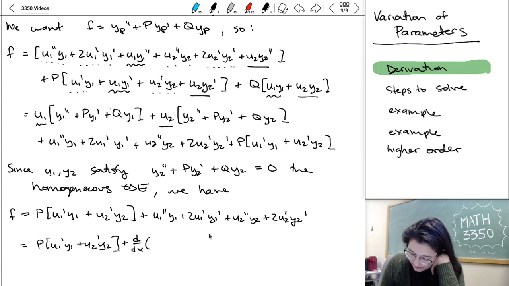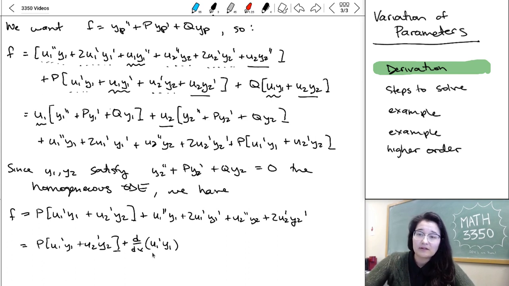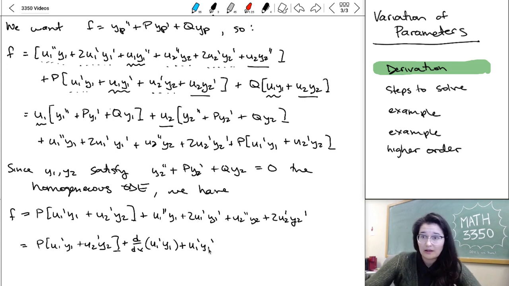So this is kind of like when I'm thinking about taking the derivative of u1 prime y1. If I took this derivative, I would get first u1 double prime, leave y1, plus leave u1 prime and take derivative y1 prime. The only issue is that I have one leftover term, there should be two of these, so I'm just going to note the extra one that belongs right there.